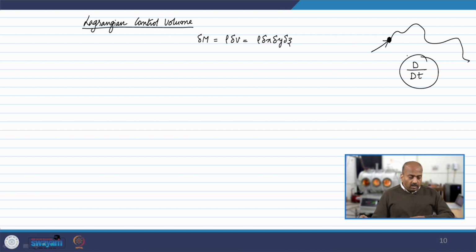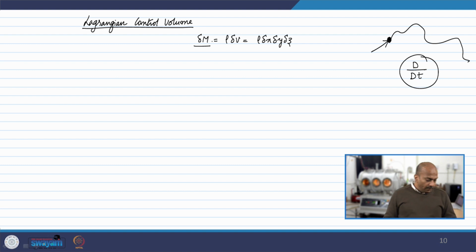So, for the conservation of mass, ultimately when you talk about deriving the continuity equation, you are only referring to the conservation of mass. Let us say that this delta m, the mass, needs to be conserved. So, whatever the changes, delta m will remain a constant.